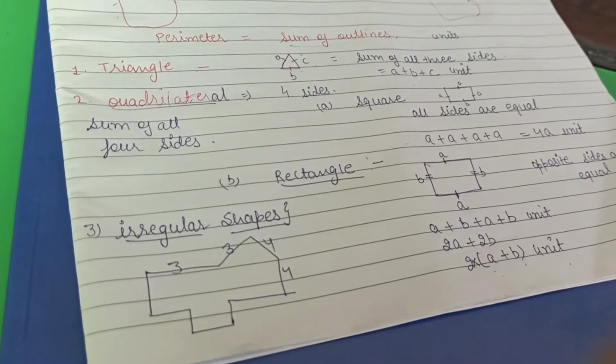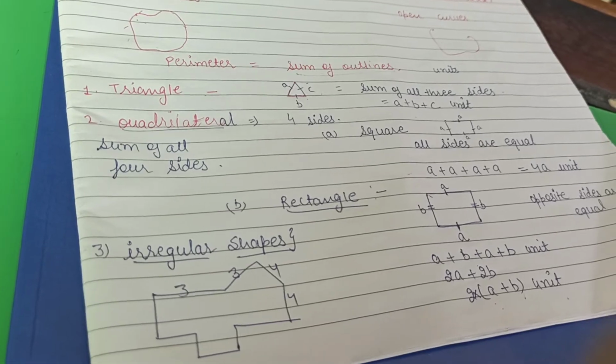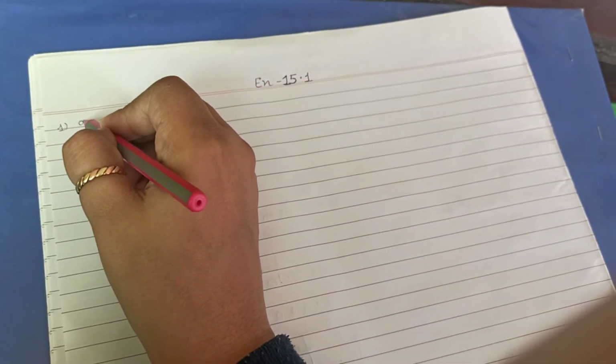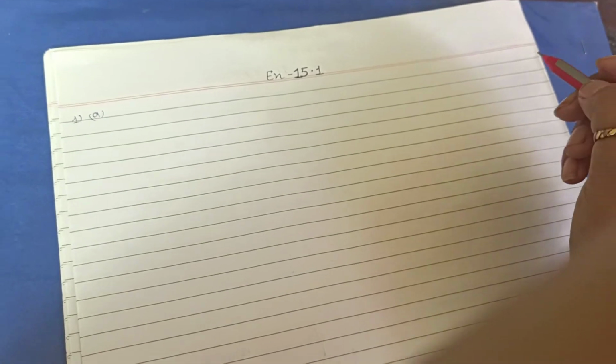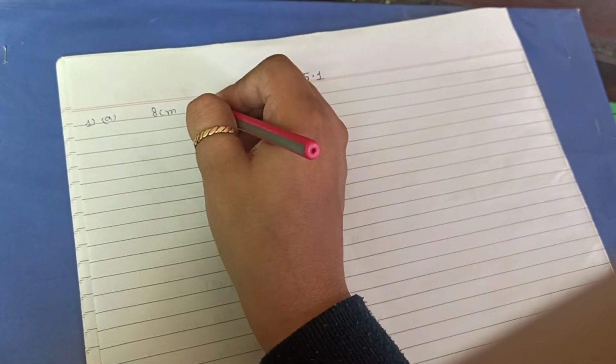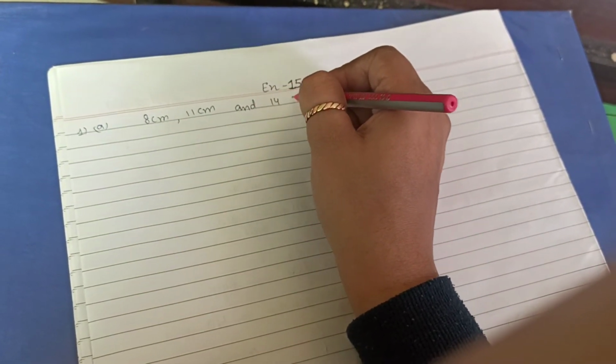So clear? So now we will start our exercise 15.1. Now the first question is, find the perimeter of the following. In the first question, A part, it is given a triangle with sides 8 centimeter, 11 centimeter and 14 centimeter, right?